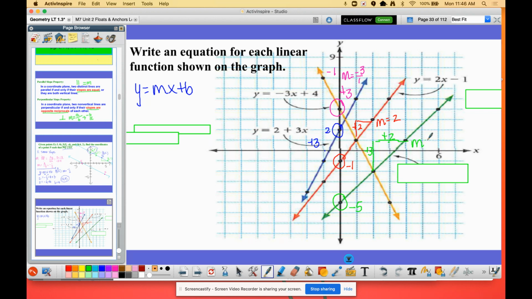So the slope should be 3 over 2. So our equation should be y equals 3/2 x minus 5. Or they wrote it as negative 5 plus 3 over 2x. So there's a little bit of an algebra review for you there, just on how to write equations in slope-intercept form.